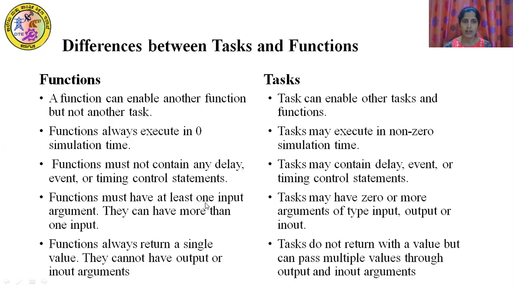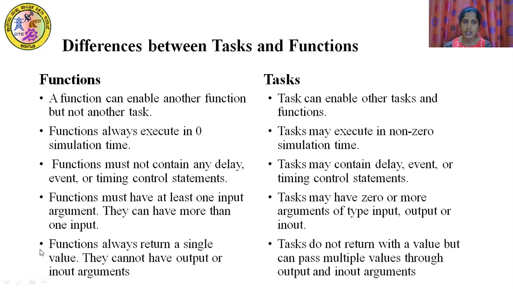Functions must have at least one input argument. They can have more than one input also, whereas tasks may have zero or more arguments of type input, output, or inout.